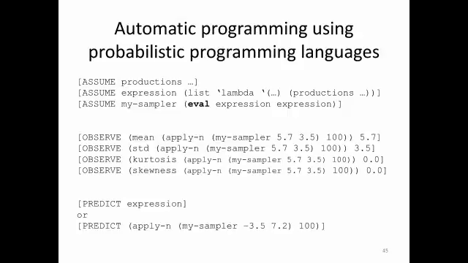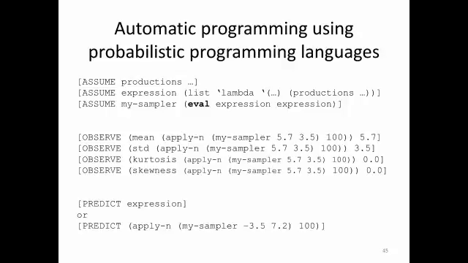And then imagine that you sample from this sampler 100 times, and you provide two arguments to this sampler, 5.7 and 3.5. And imagine that the mean of these 100 samples is 5.7, the standard deviation is 3.5, the kurtosis is 0.0, and the skewness is 0.0.